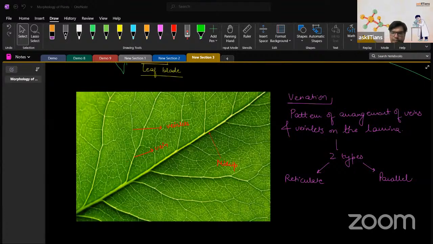Okay, good. And I'm looking for another picture that will show us the parallel venation. Yes, this one seems good. Just a second, guys, it's loading up.